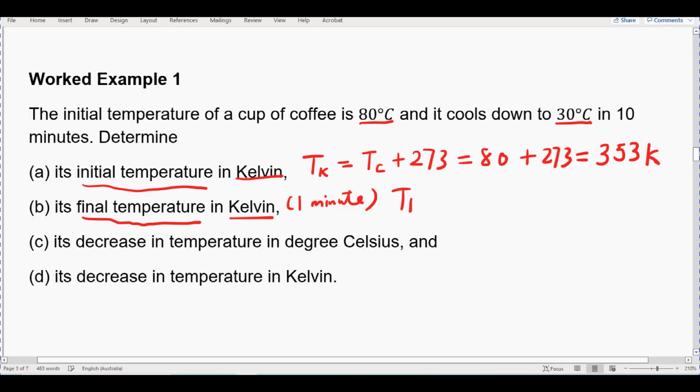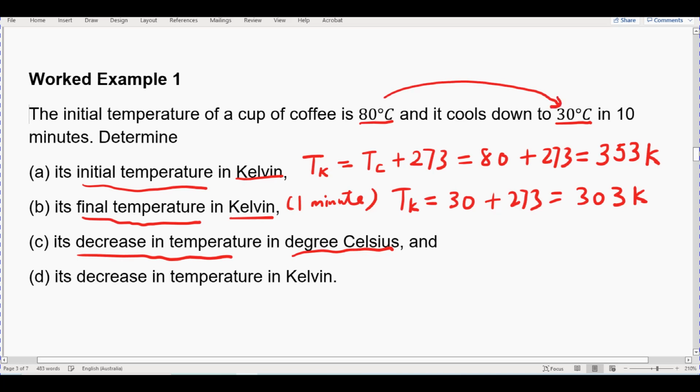Okay, so in that case, again, you need to find the Kelvin scale. You just use your Celsius scale plus 273, so that's 303 Kelvin. And the decrease in temperature in degrees Celsius: 80 degrees becoming 30 degrees, so that means a decrease.